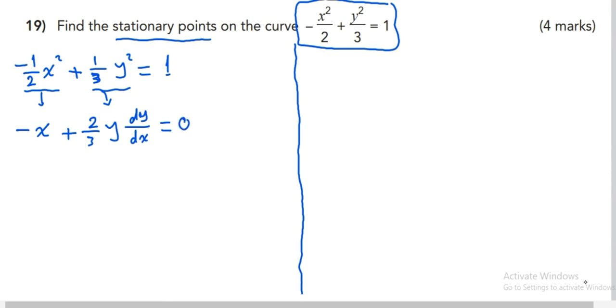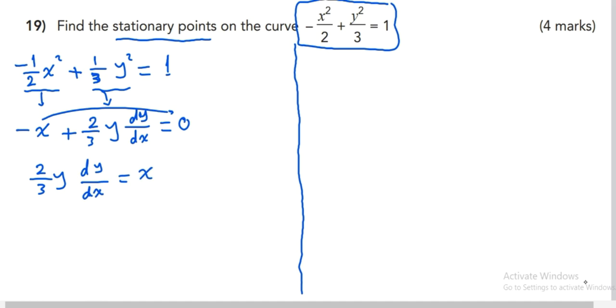Second step, we have to make dy by dx the subject, or write dy by dx on one side and all other parts on the other side. So it will be 2 over 3 y dy by dx equal to, move negative x to the other side, it will be x.